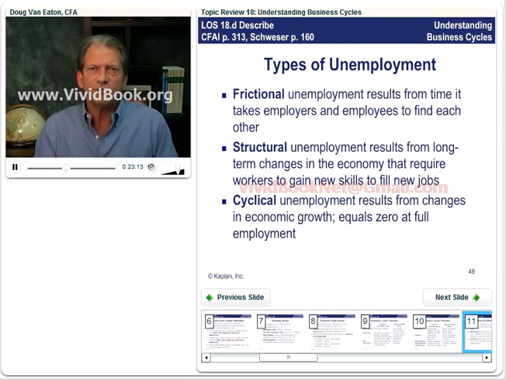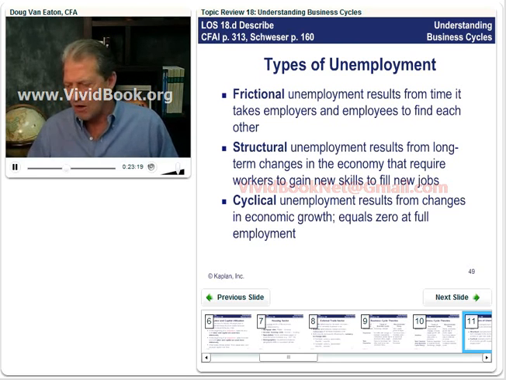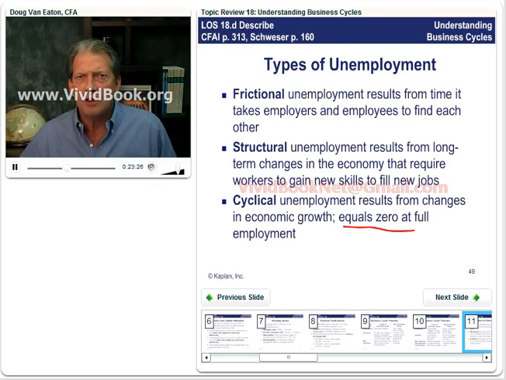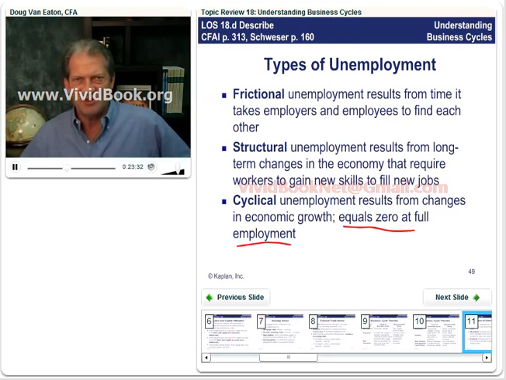Unemployment results from changes in economic growth. Now, notice we say cyclical unemployment is zero at full employment, but right there, I want to emphasize that. That doesn't mean that unemployment is zero at full employment.